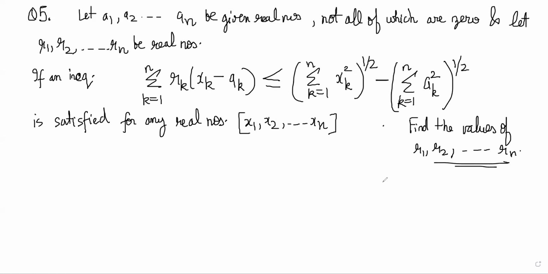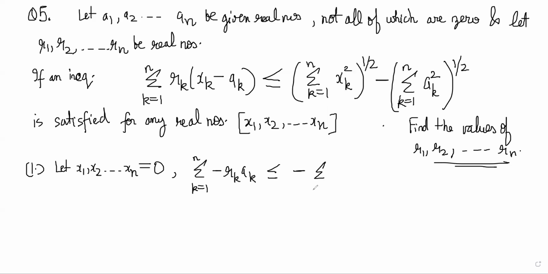So in this question, it is slightly different. We are given an inequality that is true for all possible values of xk, right? So let's use the inequality in different cases. The first thing we will do is let x1, x2 till xn be all 0. Because it was satisfied for all real numbers, we have the left hand side becomes summation k is equal to 1 to n minus rk ak is less than equal to, this one will vanish and you will have minus summation k goes from 1 to n ak square to the power half, right?